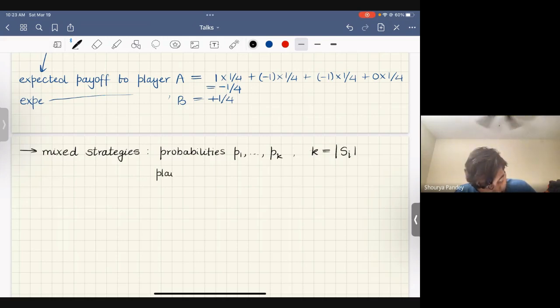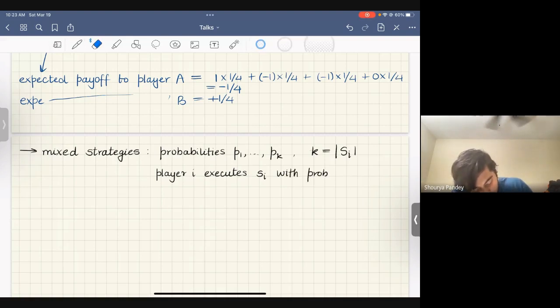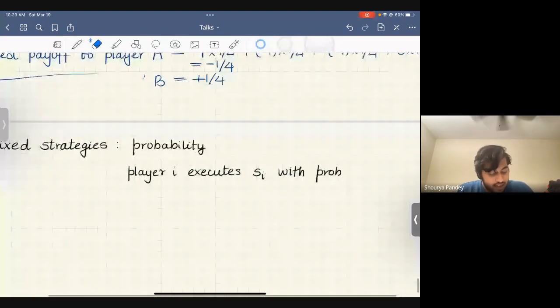So player i executes strategy Si with probability. Maybe I should not have indexed them like this. What I mean is that each Si has a probability.